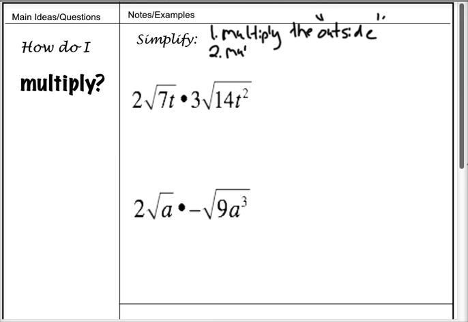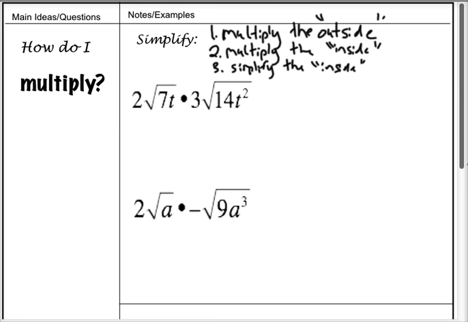Step 2, multiply the inside. Step 3, simplify the inside.